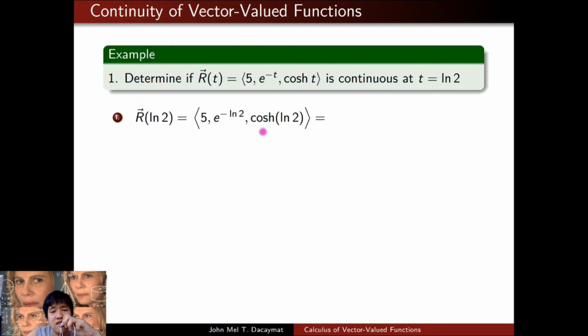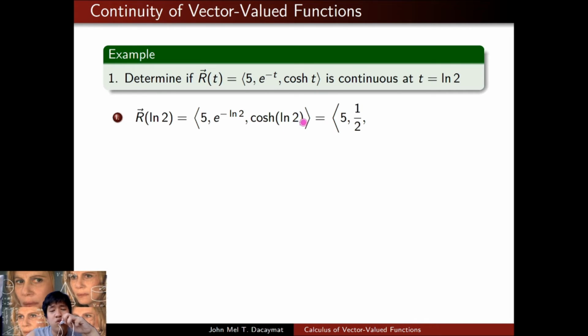When we do that, simplify natin ng konti para ma-compare natin sa limit. So, yung first component, well, it's just a constant 5. Itong e to the minus ln 2, well, you've been exposed to that many times yung mga ganyang klase, no? You just put the negative doon sa taas ni 2, so you will get e to the ln 2 to the negative 1, or that's e to the ln 1 half dito. And then you can cancel e and ln by properties of ln. So you will have 1 half left.